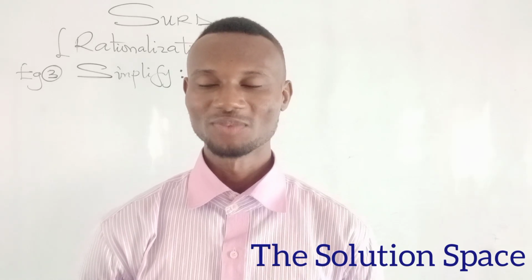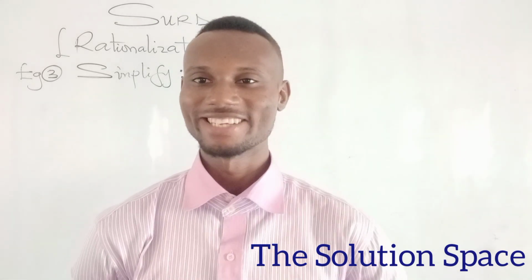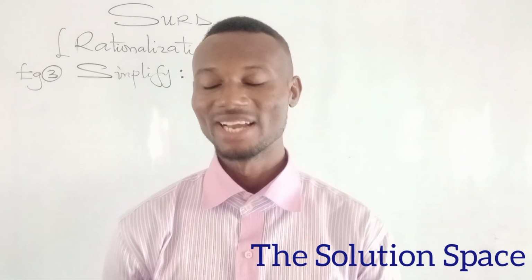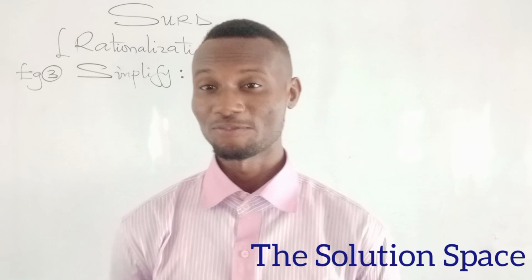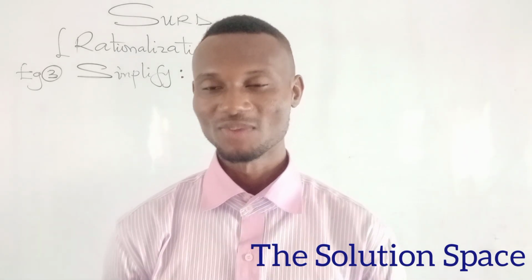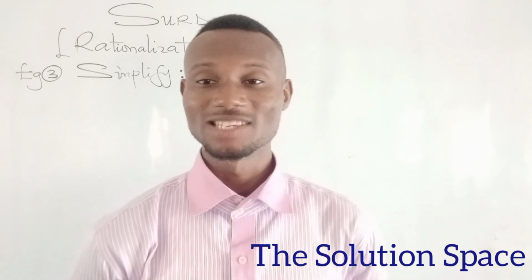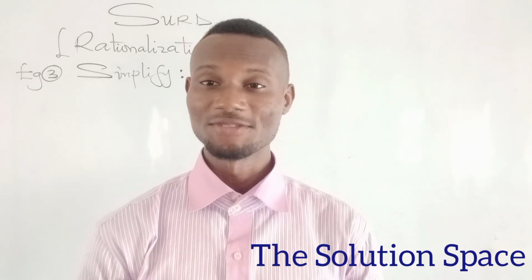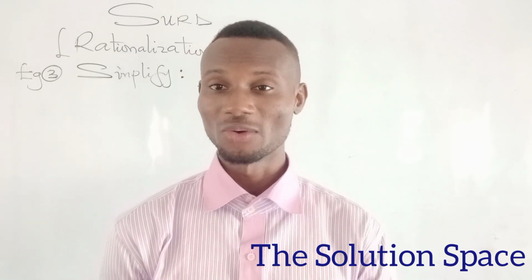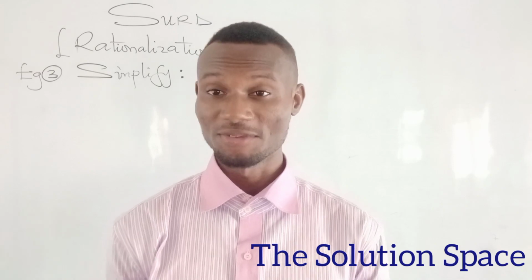Hello once again. Welcome to example 3 on the rationalization of surds that I started with you in the previous videos. In the previous videos, we started learning about rationalization of surds, where we handled a given fraction in which the denominator contains two terms and you are asked to rationalize or simplify.